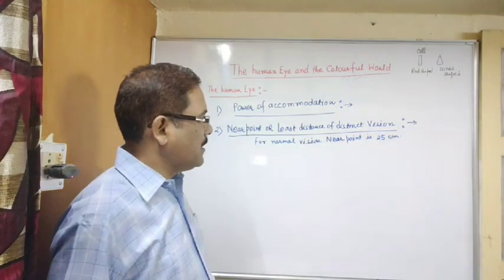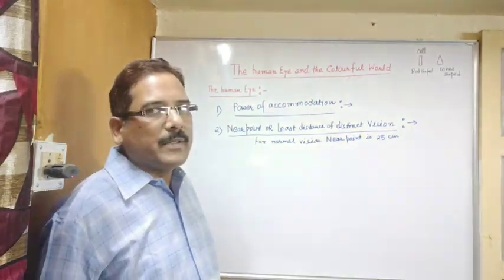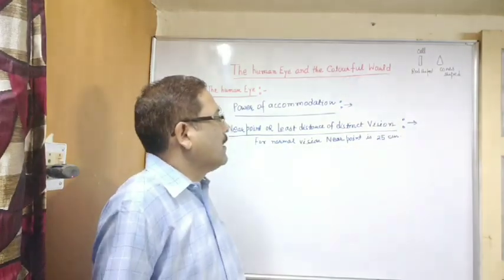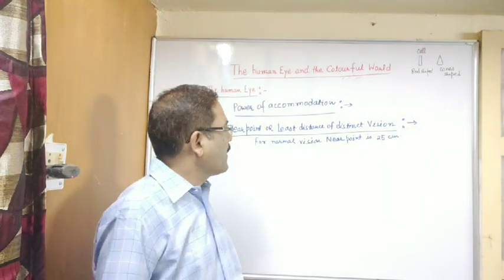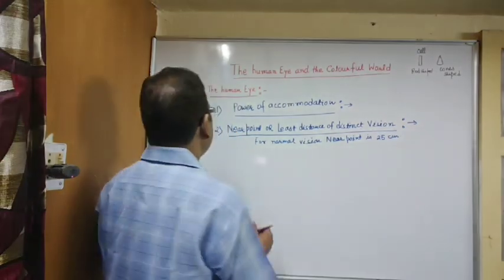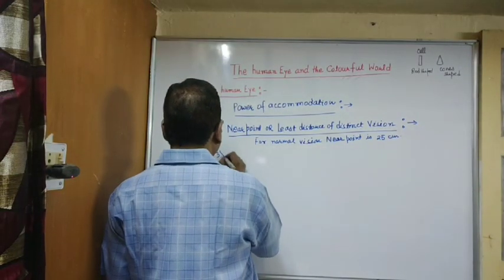For normal vision, it means for a normal healthy eye, the near point is 25 centimeter. Then the third term is far point.